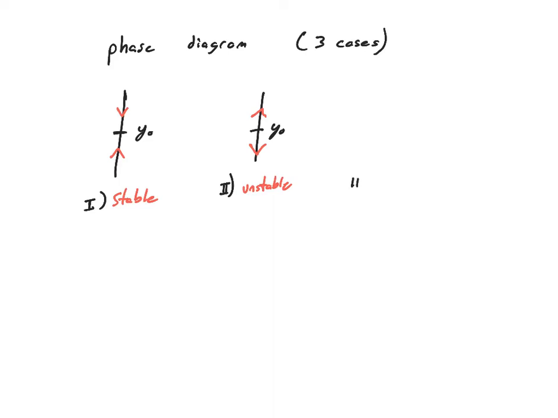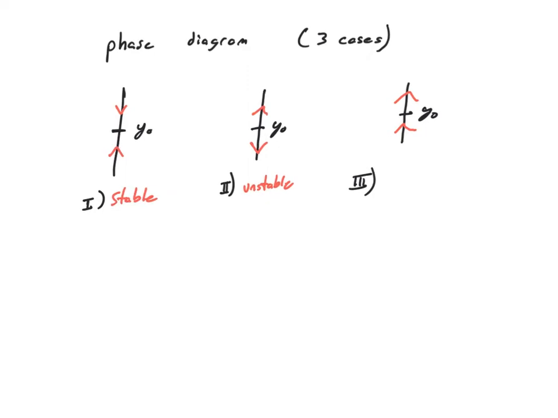And third, if it is neither, then it'll either be going away and going towards, so just kind of passing through it. Suppose it's going towards above and then going away on the bottom of it. We call that semi-stable.